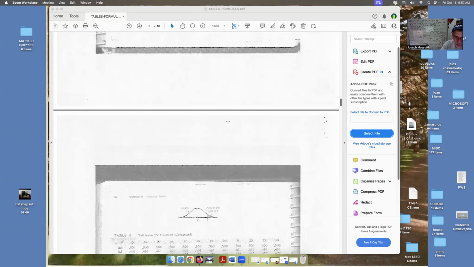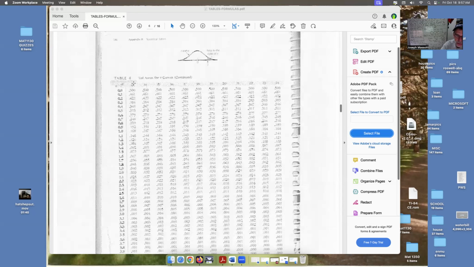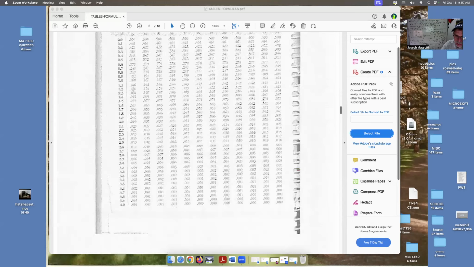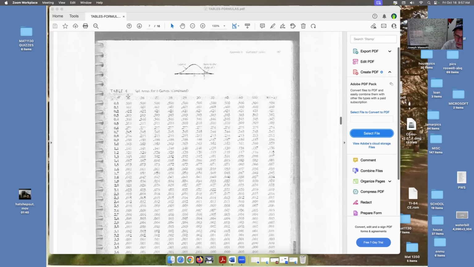But the third page then continues the degrees of freedom starting at 13 and going up to 24. And then the next page gives you the t-distribution with degrees of freedom starting at 25, going up to 30, and then it starts jumping: 35, 40, 60, 120. So remember we said if you have to make a choice, choose the lesser number. We had 49, so we're going to choose 40 degrees of freedom.